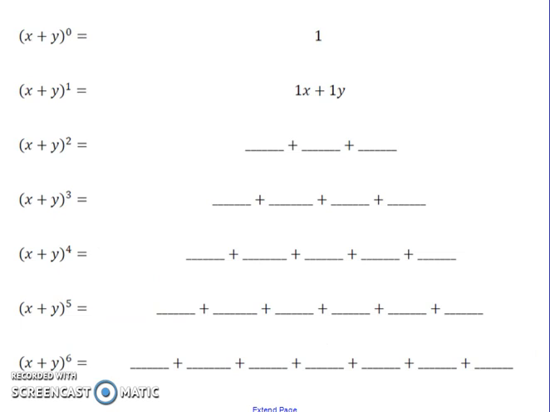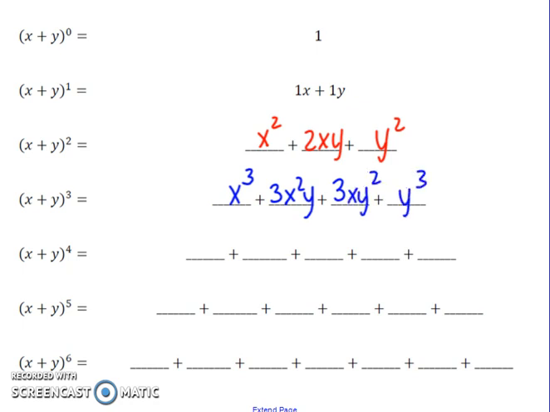So let's put that in. And (x plus y) cubed we just did. So that was x cubed plus 3x squared y plus 3xy squared plus y cubed.